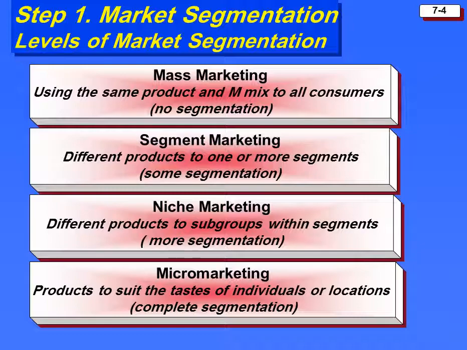In segment marketing, the company divides the market into more than one segment, offering different products to one or more segments. This is called some segmentation. And niche marketing offers different products to subgroups within segments. It's called more segmentation. And micro marketing offers products to suit the tastes of individuals or locations, which is complete segmentation.